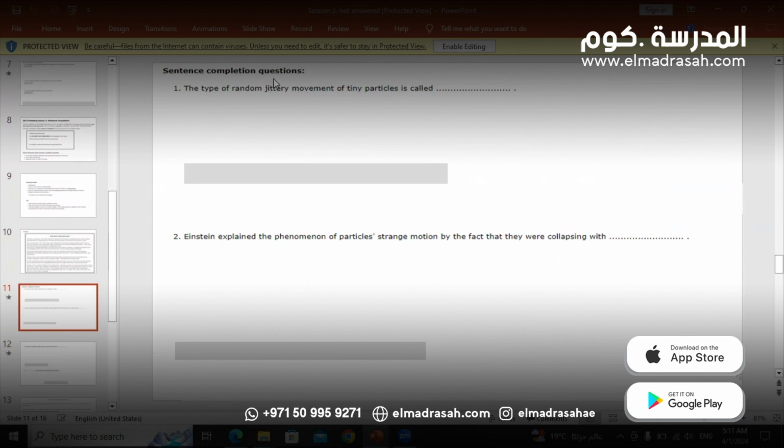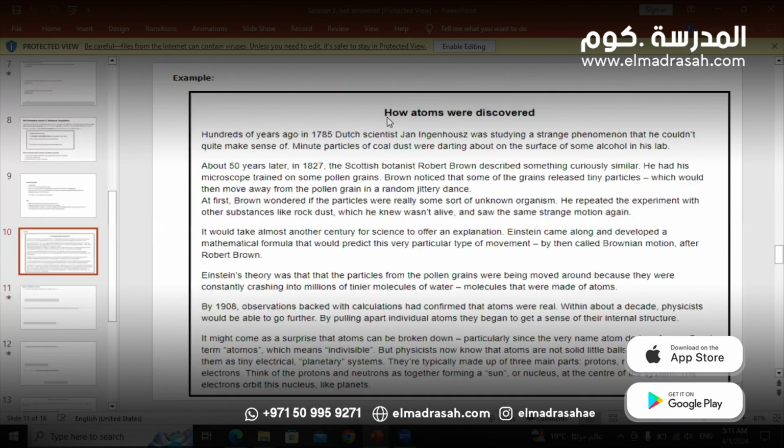And here I will follow the technique of a scan by capturing some words like random jittery movements and the particles. So I will search for these keywords in the passage, and also I will search for their synonyms, because it's not necessary to find the same words in the passage.